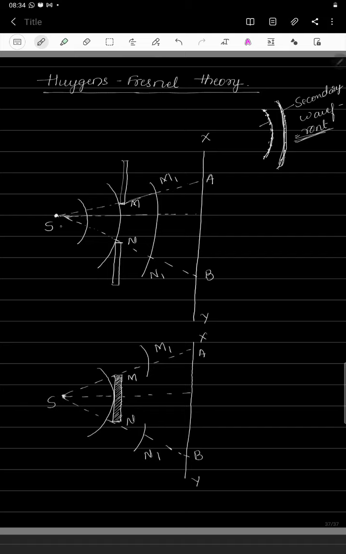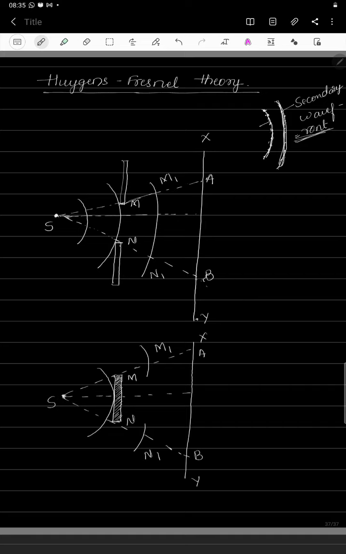Here, suppose S is the source of monochromatic light, and Mn is the small aperture, the opening, and XY is the screen placed in the path of light. On the screen, AB is the illuminated portion of the screen, meaning in the portion AB we have the light.